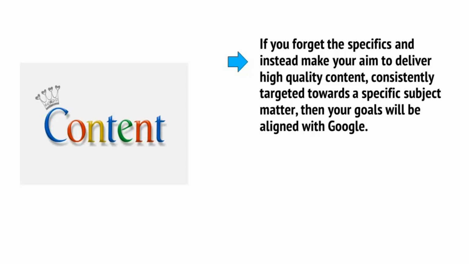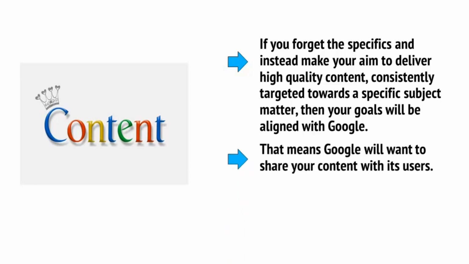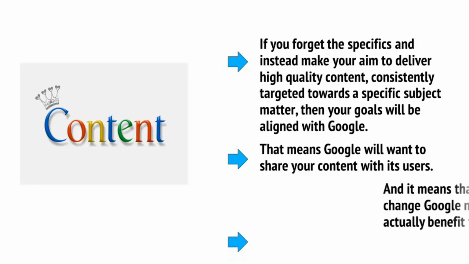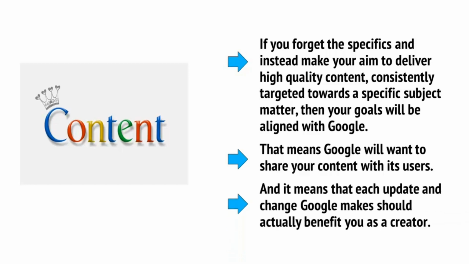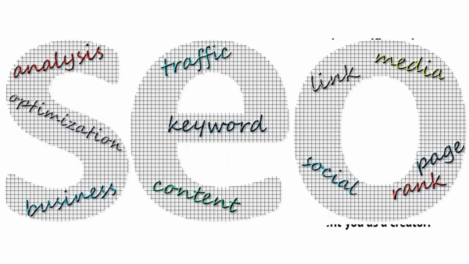That means Google will want to share your content with its users. And it means that each update and change Google makes should actually benefit you as a creator. This is what good SEO is about today. Forget trying to trick Google and instead think about your users and think about working with Google.